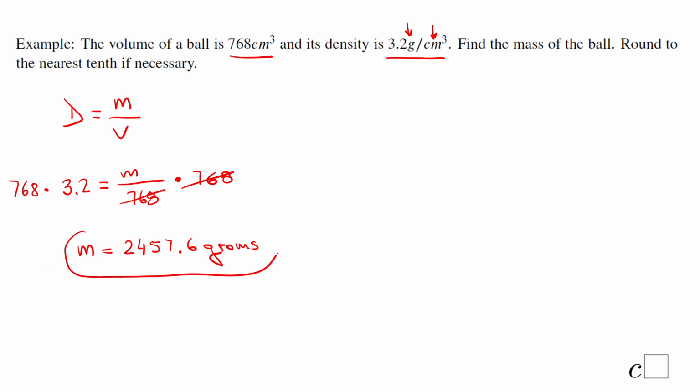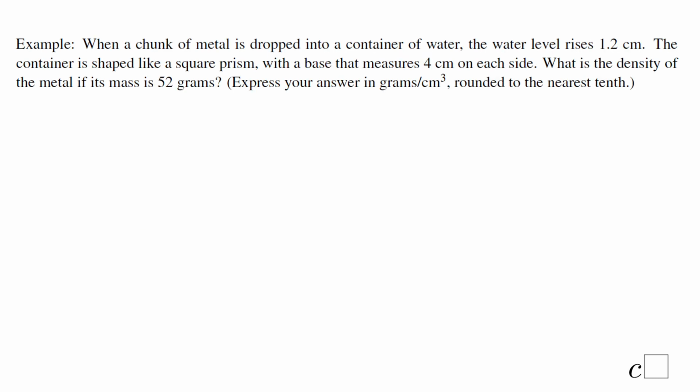But I'm going to emphasize one more time, in this formula sometimes you have to replace m or v. You have the density and find the third one. And in fact, you will see a very similar example is this one, where we have a chunk of metal that is dropped into a container, and you notice the water level rises by 1.2 centimeters.